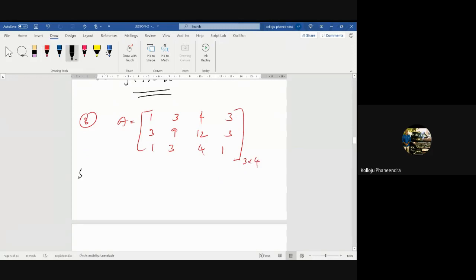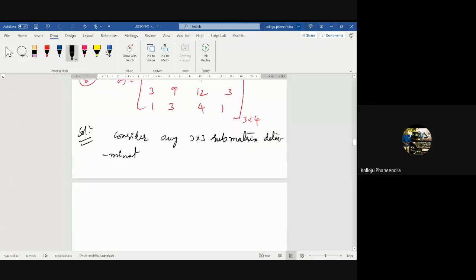Okay. What is the method as per the definition? Consider any 3 by 3 submatrix. I am using the definition first. Submatrix determinant. Any 3 by 3.